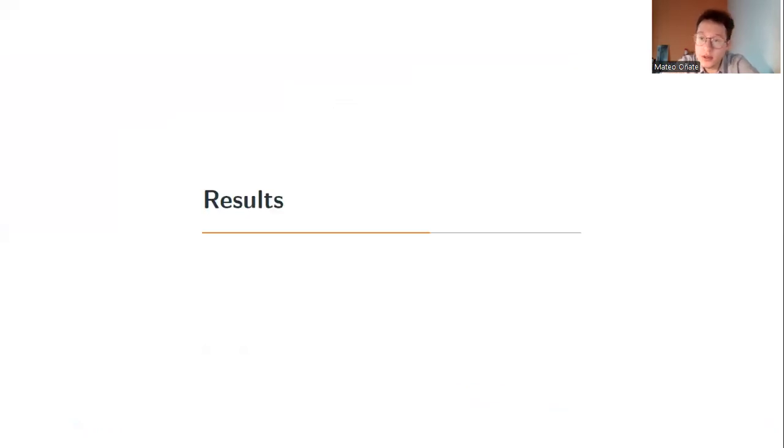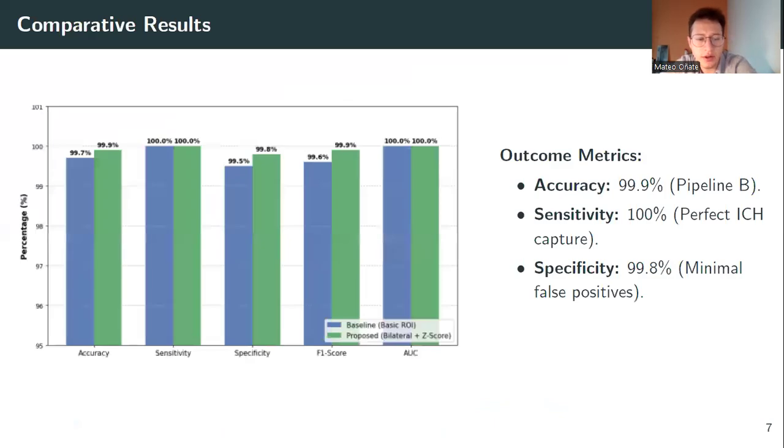The most important part of our research is the results. In our results, we can see that they are mostly definitive. While both pipelines were strong, pipeline B reached an accuracy of 99.9%. But the metric I want you to focus on is the sensitivity of 100%.